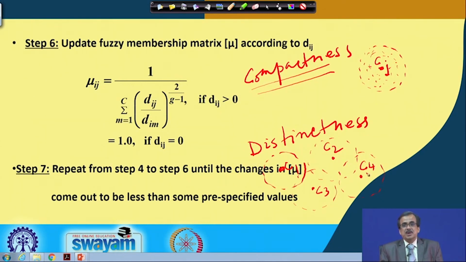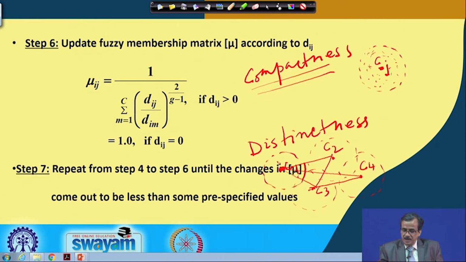So, we find the Euclidean distance between the cluster centers. For example, we find the Euclidean distance between C 1 and C 2, then C 1 and C 3, then C 1 and C 4. We also find the Euclidean distance between C 3 and C 4, C 3 and C 2, and C 3 and C 1 I have already calculated.